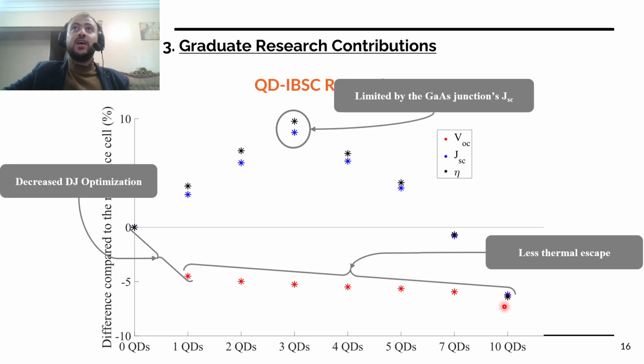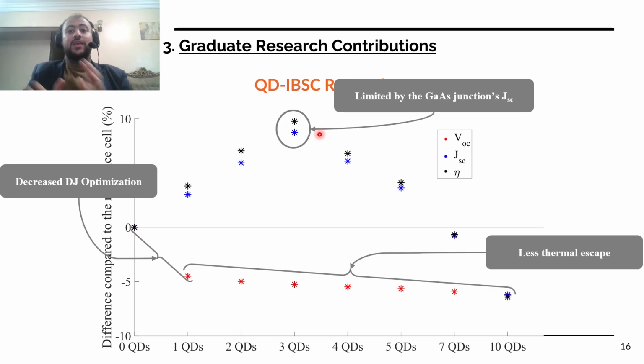Finally, we noticed that the enhancement in current along with the enhancement of efficiency was limited by the gallium arsenide junction's J short circuit. This is because increasing the indium phosphide content and the absorbed portion of the solar spectrum would lead to a decrease in J short circuit in the gallium arsenide junction.